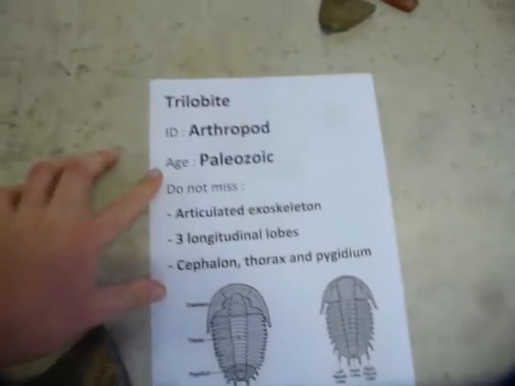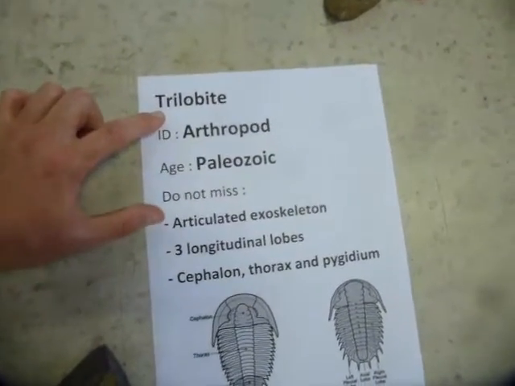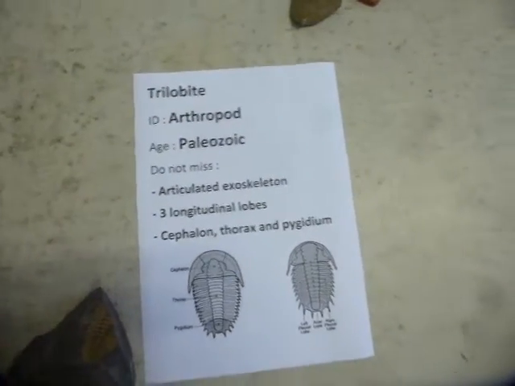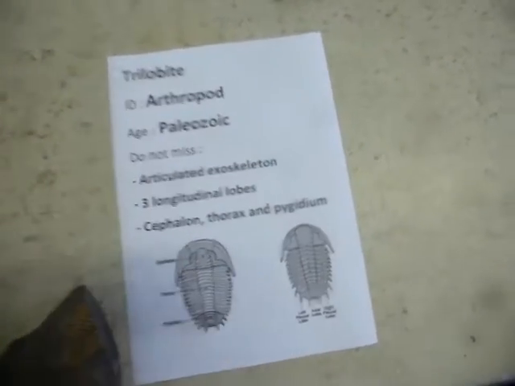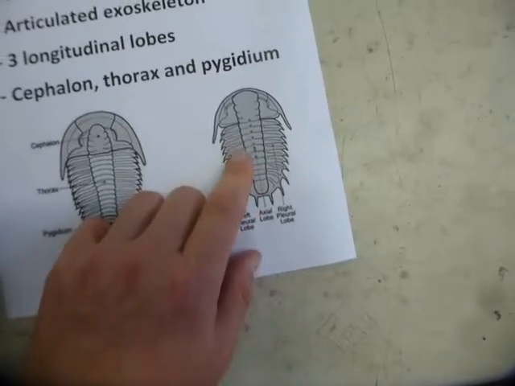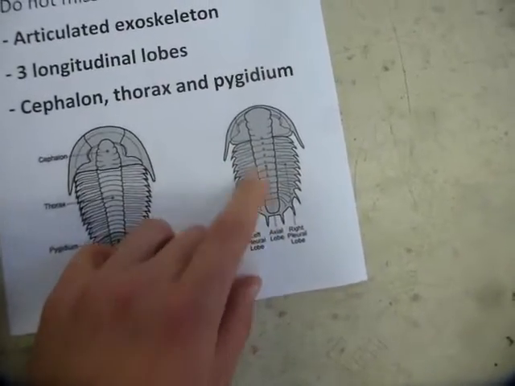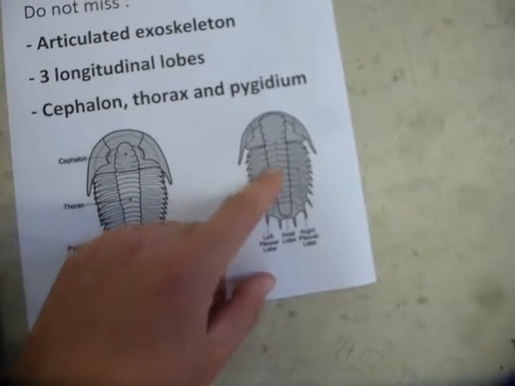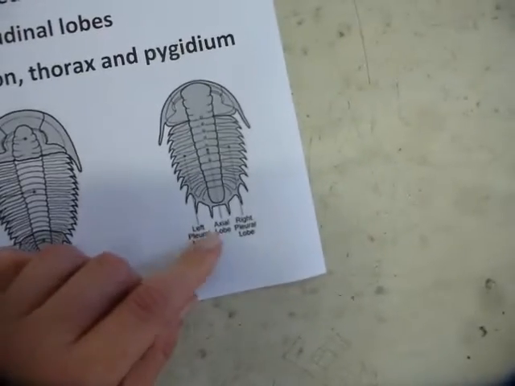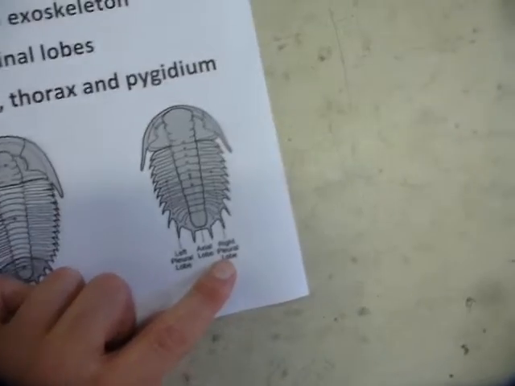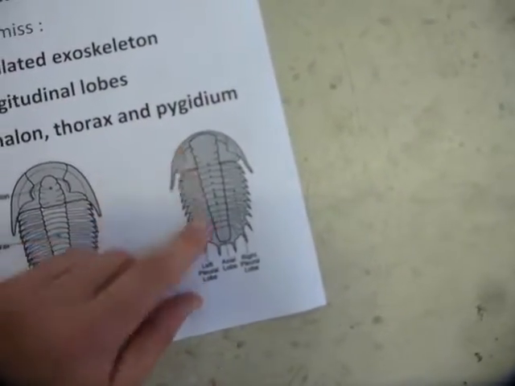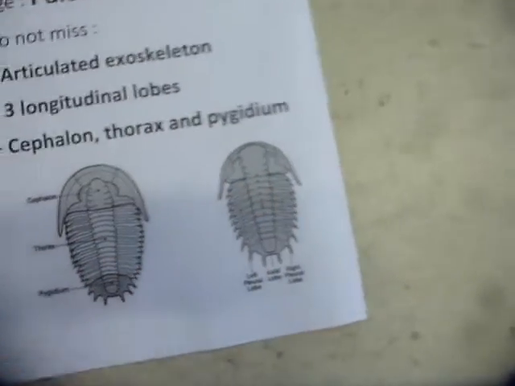Okay, that's a trilobite. Trilobites, as their name indicates, have a body that is made of 3 lobes. 1, the left lobe, 2, the right lobe, and 3, the middle lobe. So left lobe, axial lobe, and right lobe. That's why they are called trilobites: 1, 2, 3 lobes.